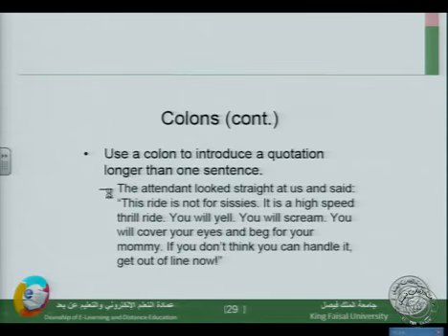Use a colon to introduce a quotation longer than one sentence. A quotation: The attendant looked straight at us and said, notice that after we said "and said" we put a colon. And the quotation is always put between quotation marks.